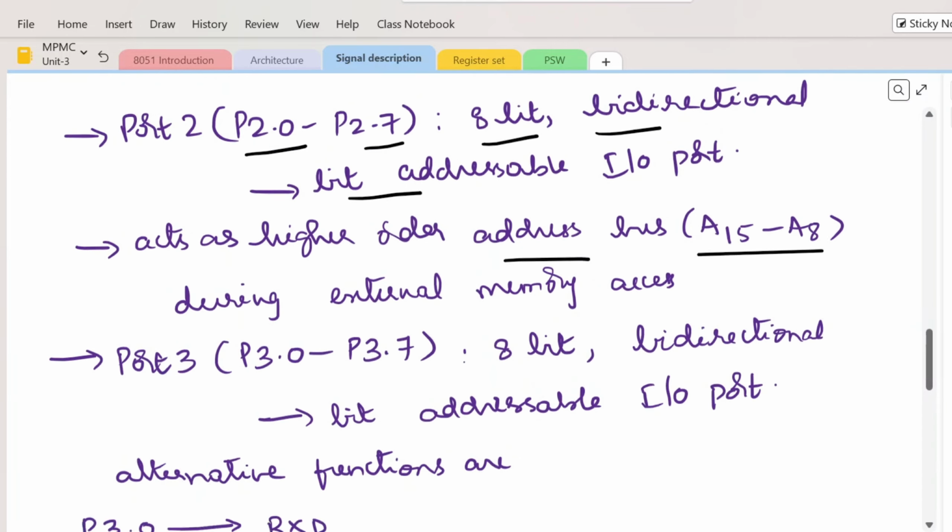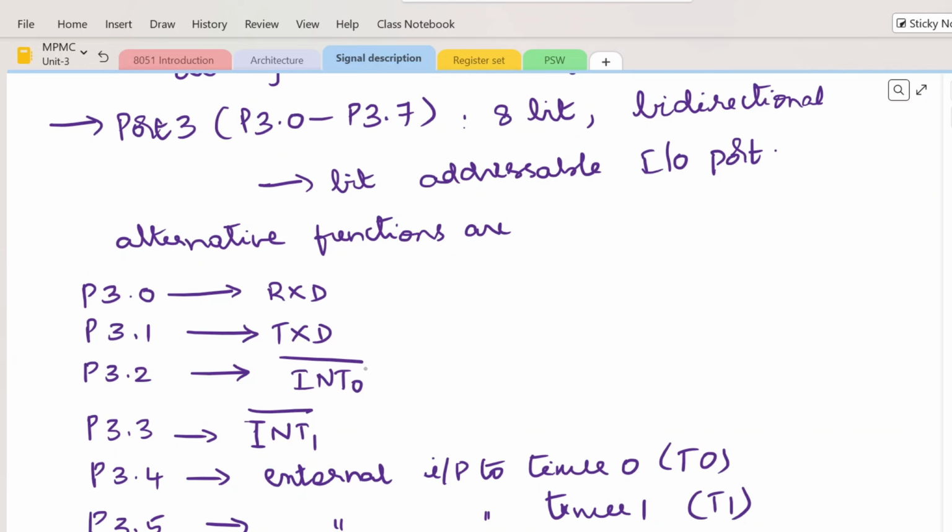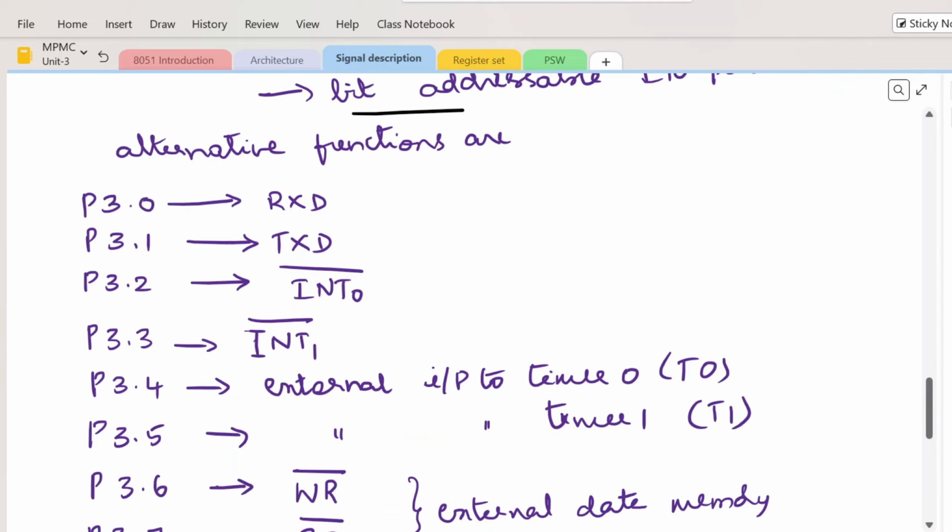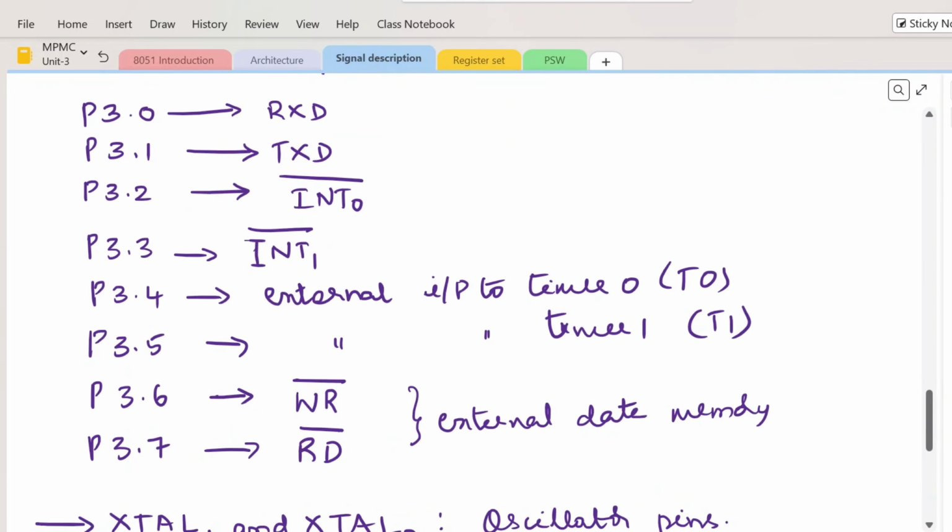Then coming to port 3, which is also an 8-bit port, and the pins are named P3.0 to P3.7. It is bidirectional and also a bit addressable IO port. Along with this IO operation, each and every pin has an alternate function.